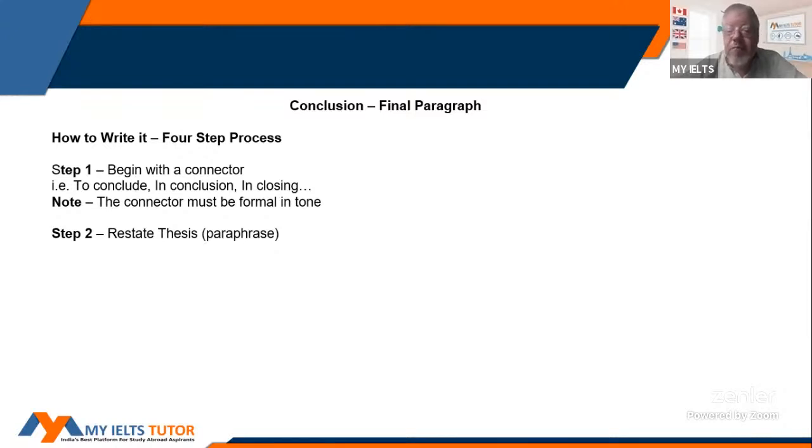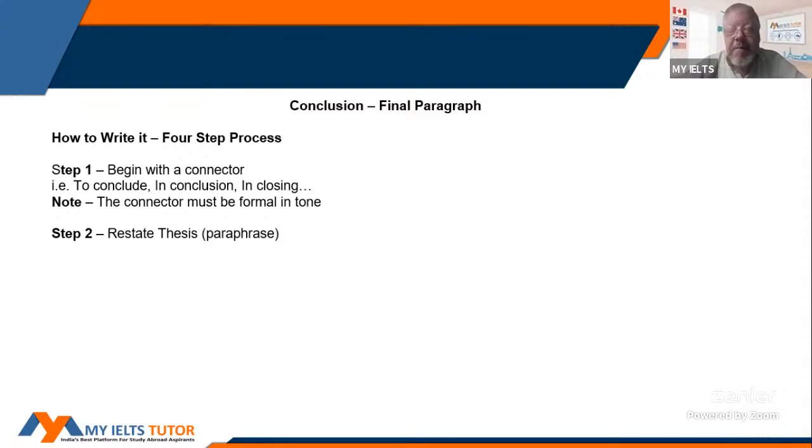And what we want to do is paraphrase it. We don't want to use the same language that we use in our introduction. If you do that, you will lose in terms of lexical resources, meaning vocabulary. Lexical resources is one of the criteria for scoring in writing.